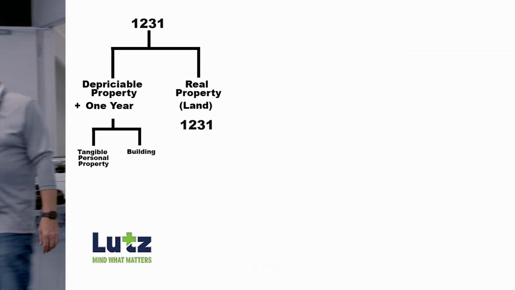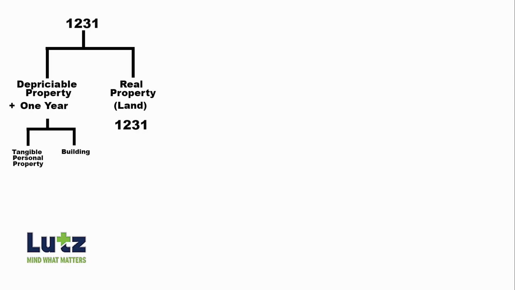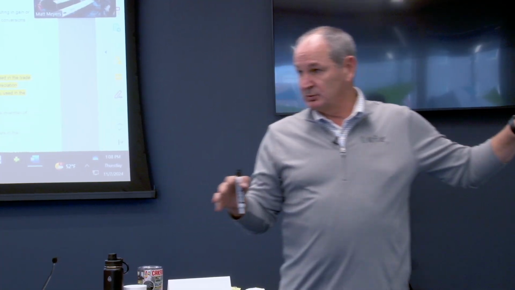So what does that mean? It's always going to be 1231 because I just said we have to categorize what we're dealing with. Did I not? And 1231 is a category. Well, it's something more than a category. So we're going to move on to the something more than a category, because this helps you diagnose whether you have to run it through the 1231 rules.